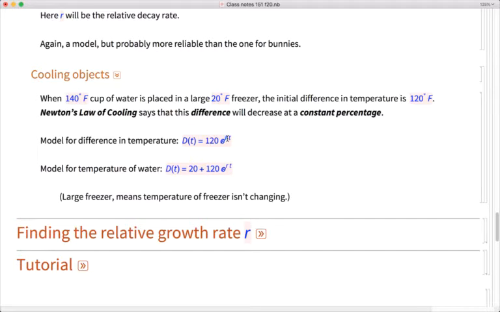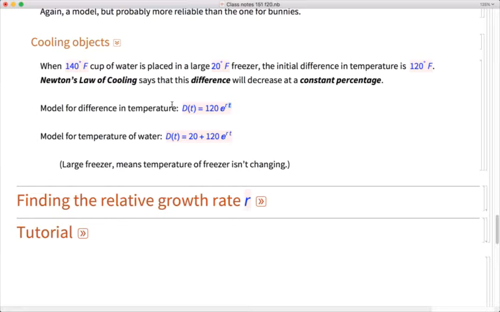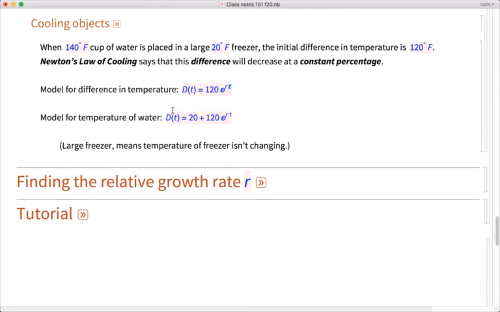R, the relative decay rate. T, time, measured in days, or hours, let's say. So this is the model for the difference in temperatures, and the model for the temperature of the water is going to be 20 plus the difference.